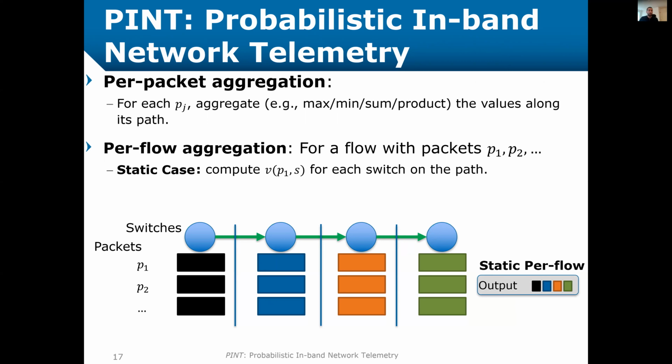And now what we want to do is read out this information. For example, we want to discover the path. And what we do in PINT is we leverage the fact that the different packets are going to see the same switch ID, the same value. So we can do some coding and other tricks to reduce the amount of bits on each packet while still being able to recover the whole path.